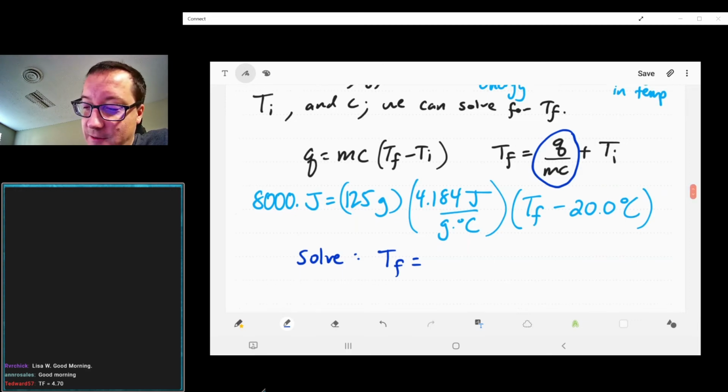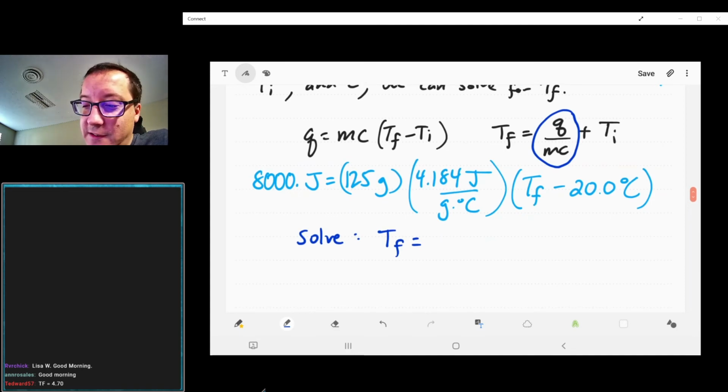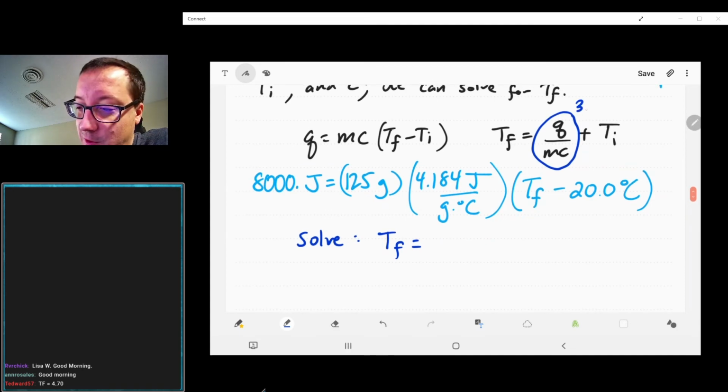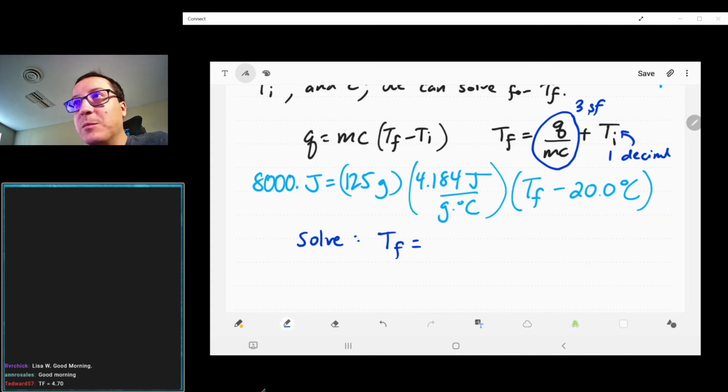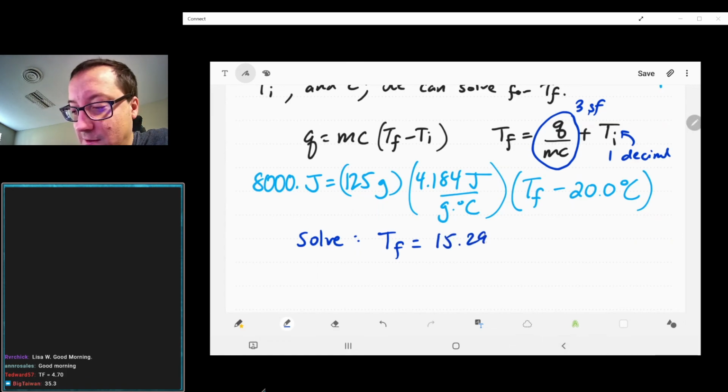Technically, we should do our sig figs there. We should have 3 sig figs overall for this component, and then we have 1 decimal point for the initial temperature component. So we're going to want to take a number with 3 sig figs and add it to 20 degrees, and I think we do get that. We get 15.296 plus 20.